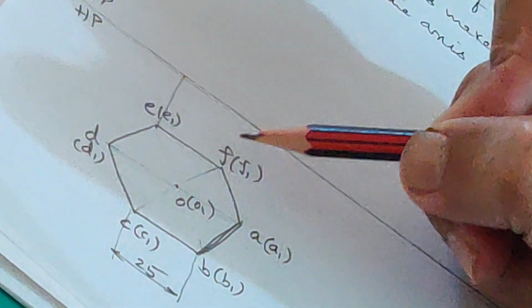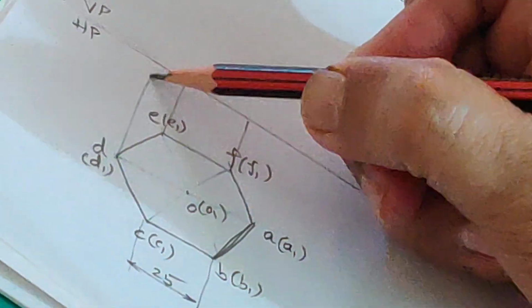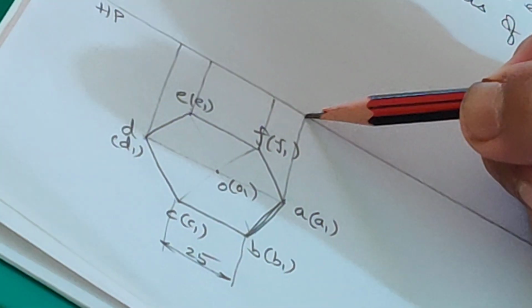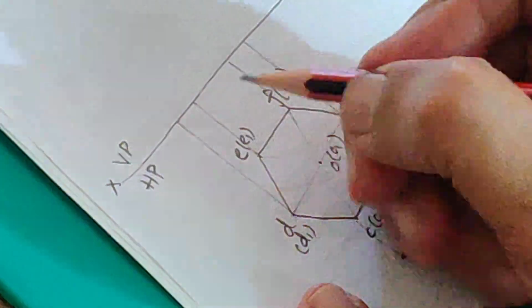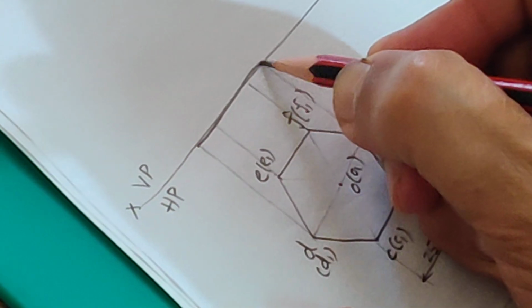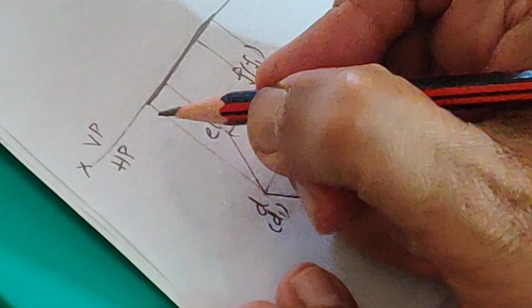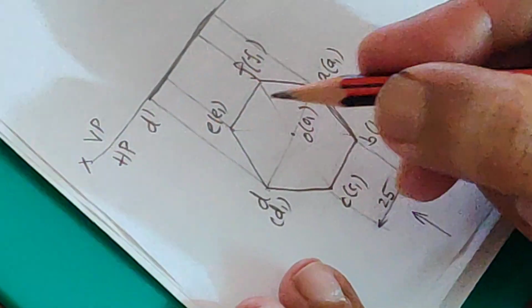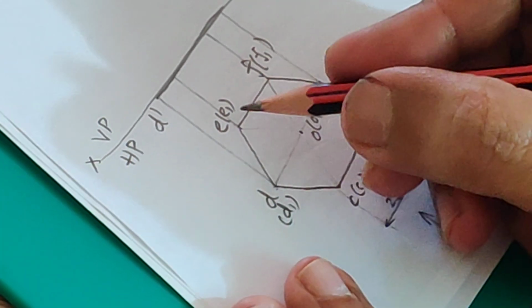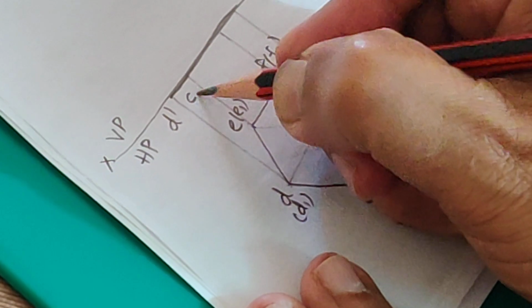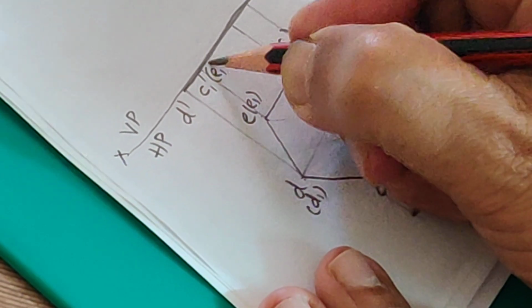Now I am drawing the front view. This is where you have the base. Base is on HP. This is the position of the observer. D dash. C visible, E invisible. In other words, C1 dash, E1 dash.